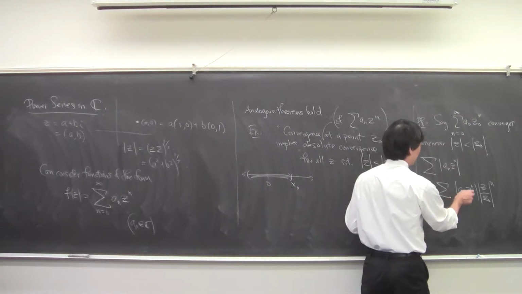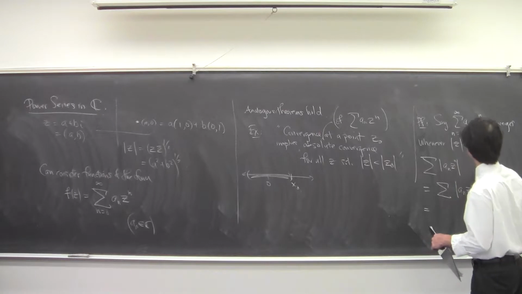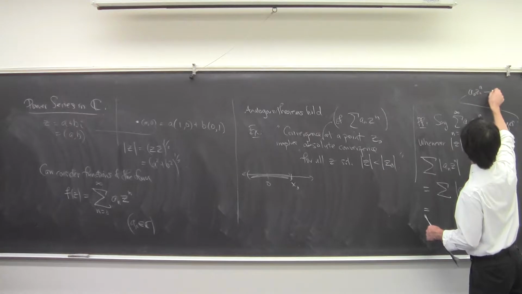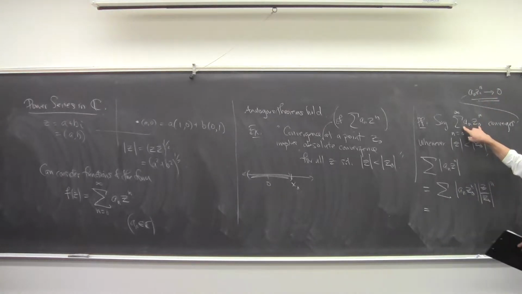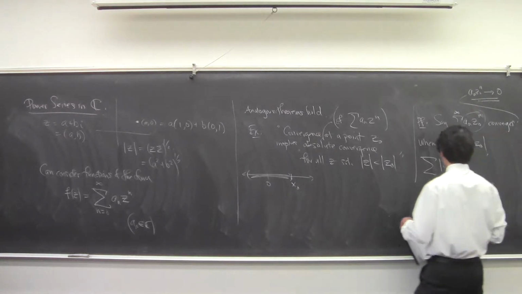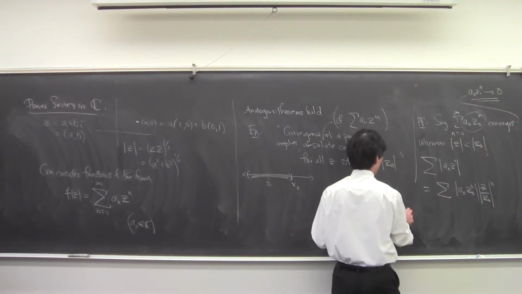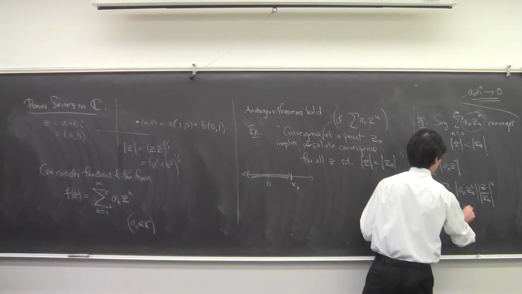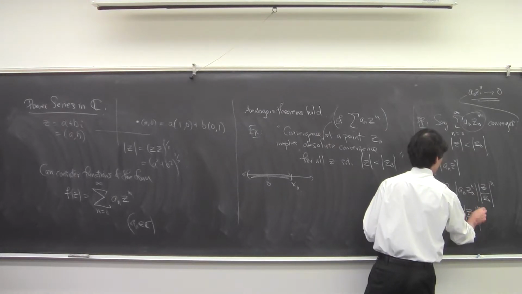And then a n z naught to the n is going to go to 0. Because this converges, these terms go to 0, by the divergence test. If a series converges, that means that the terms have to converge to 0. That's still going to hold. And so we can compare with the summation of z over z naught to the n.